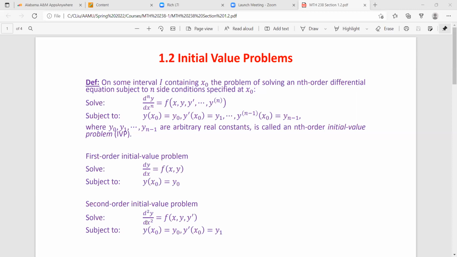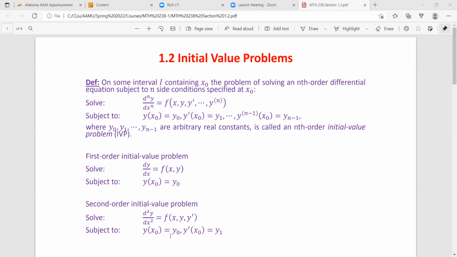But for second order differential equations, when you try to solve for y from this equation, d2y over dx2 equals f of x, y prime, you will need to integrate twice. So when you integrate twice, you bring up two arbitrary constants that will be determined by two initial conditions. That's why you need more conditions for a second order initial value problem.